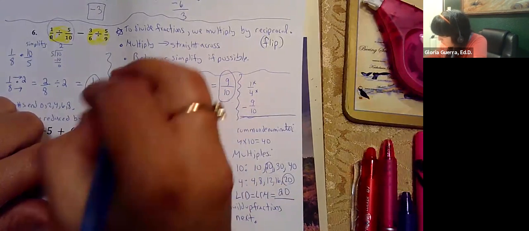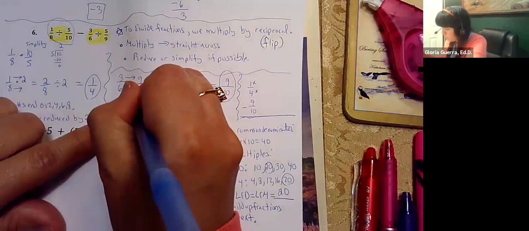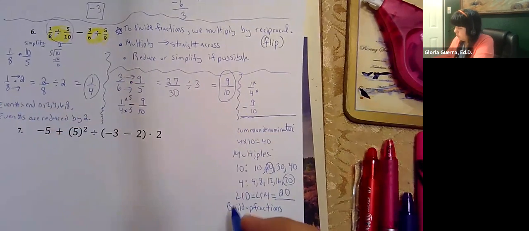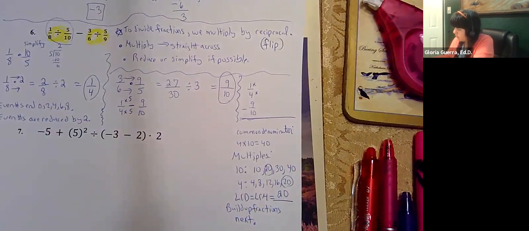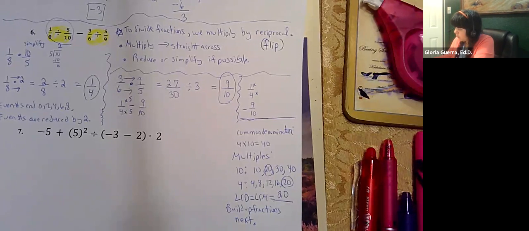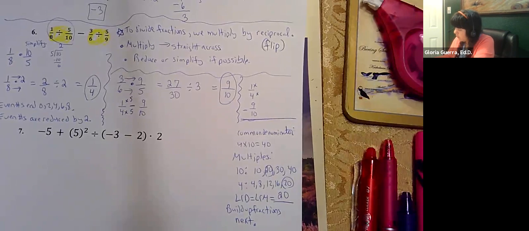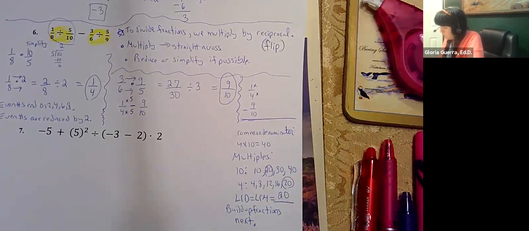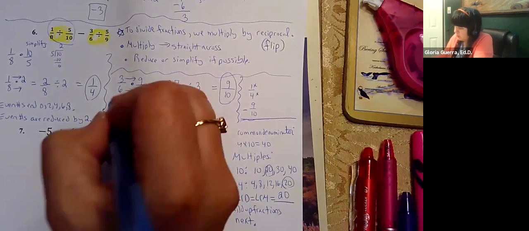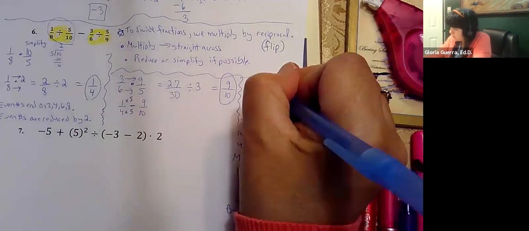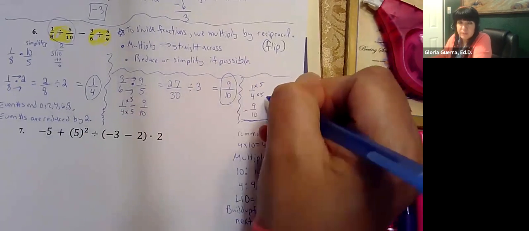I needed 5 multiples of 4 to get to the LCM of 20. So that's why these are 5s. So you either work it this way or you work it this way.